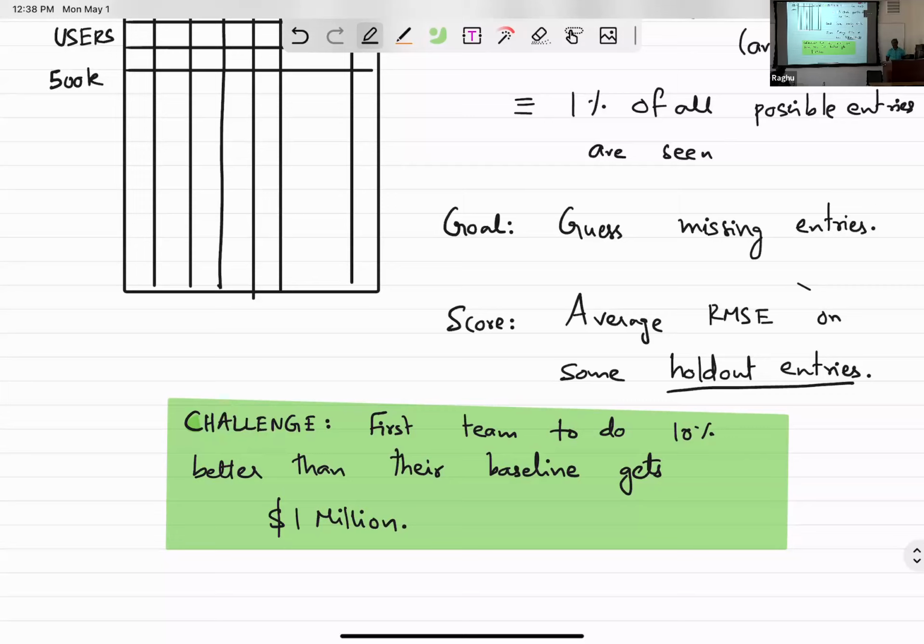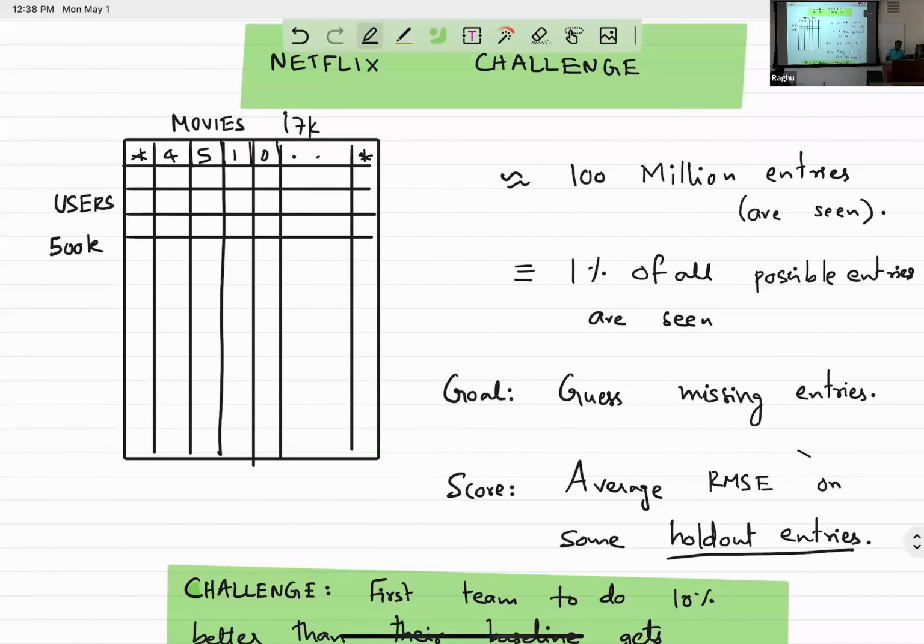Okay. Now, why am I talking about this challenge? Why is it connected to low rank approximation? Well, here's one approach you could try. So whenever you have such a challenge, such a question, you have to make some assumption about the truth. If you don't make any assumption about how these entries are related to each other, there's nothing you can do.